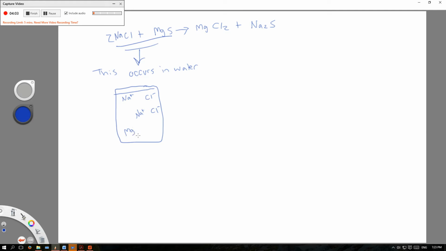Magnesium is going to break up into some pieces, and sulfide is going to break up into some pieces. And you're going to have a bunch of that floating around. So, this is what's actually happening.